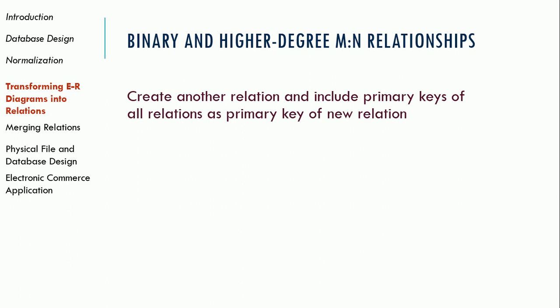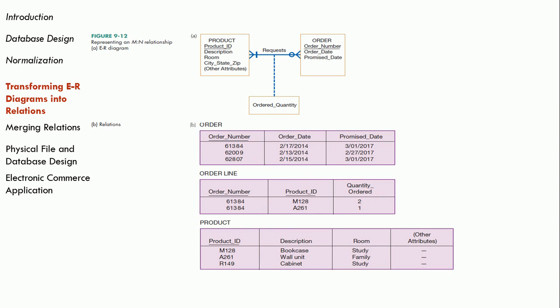So we can create another relation and include primary keys of all relations as the primary key in a new relation when we have many-to-many relationships. We really have to resolve these many-to-many relationships by creating a new table. In this case, we have a product and we have order, and then there's the ordered quantity, which is our associative entity. But in a database, it might look like what you see on the bottom, where we have the order relation, the product relation at the bottom, and the order line is in the middle.